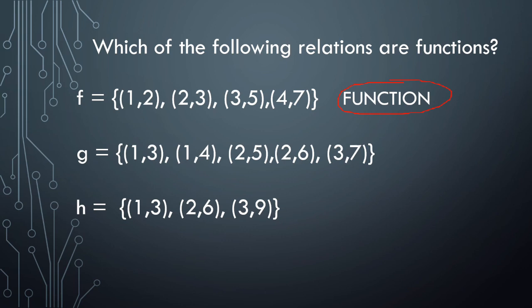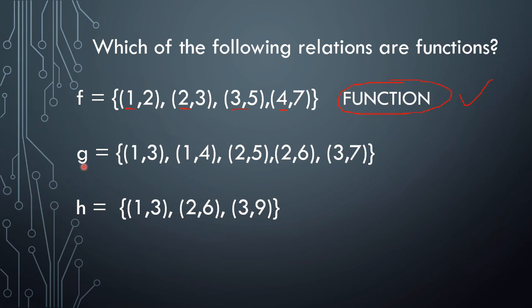Why? Because in the given ordered pairs of relation F, no two ordered pairs have the same x value. The x values are 1, 2, 3, and 4. Therefore, the given relation is a function.